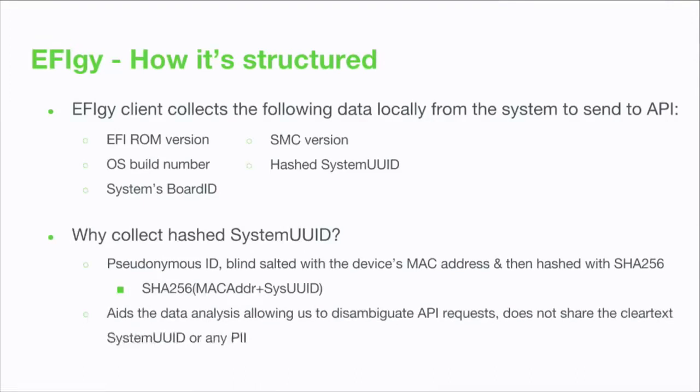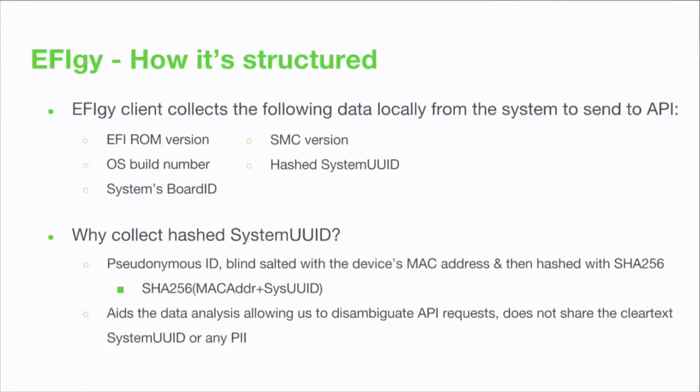And then we also include a hashed system UUID tag. We wanted to call this out because people can sometimes get a little bit nervous about the system UUID because it uniquely identifies a hardware platform. We wanted to do this so we could aid analysis on the back end, so we could see repeat people calling the API and disambiguate them. So we essentially blind hashed the system UUID.